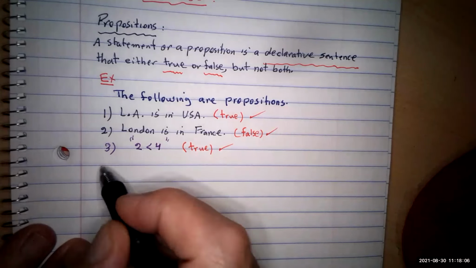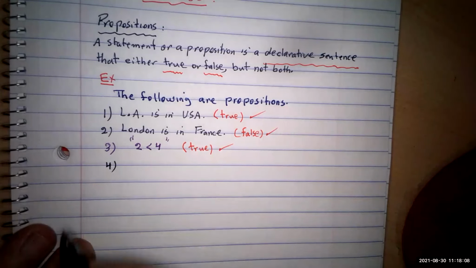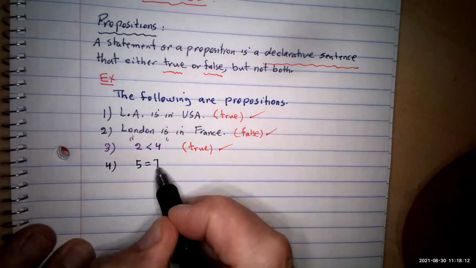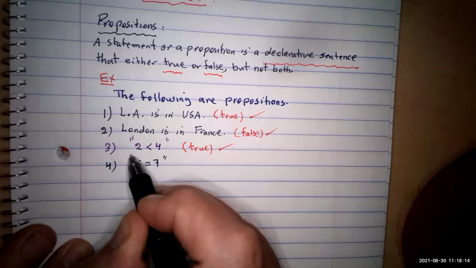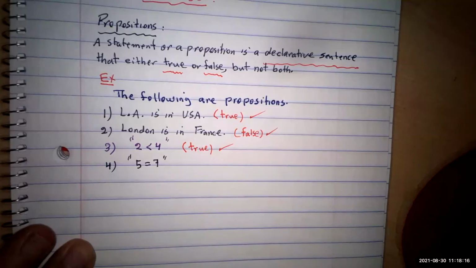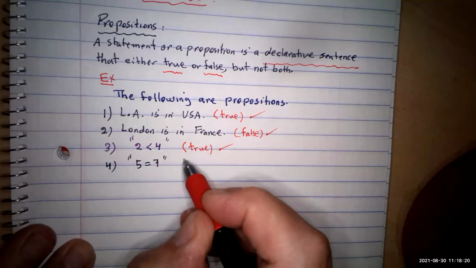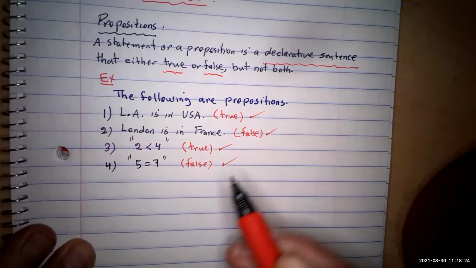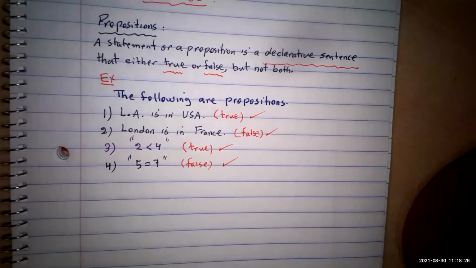And another one, number 4, something like 5 equal to 7. 5 equal to 7 is a statement, but of course it's false. So therefore, this is a proposition. Any question?